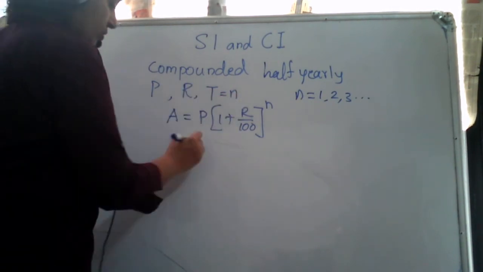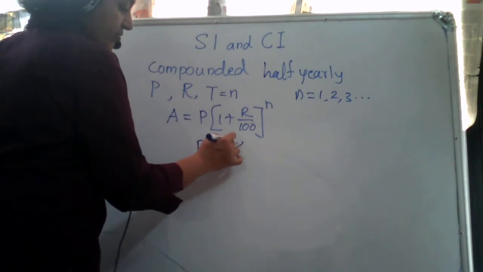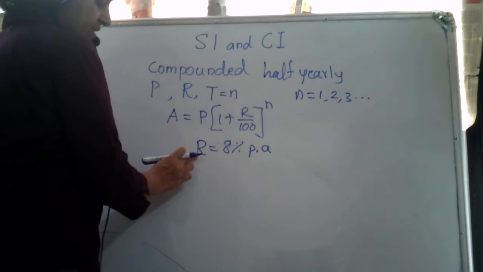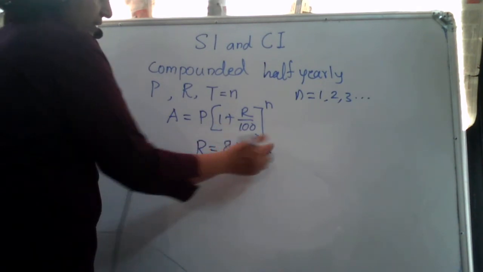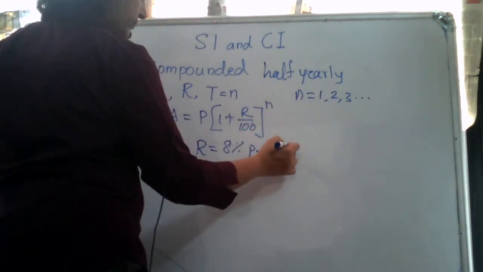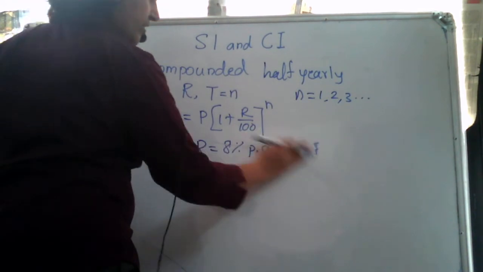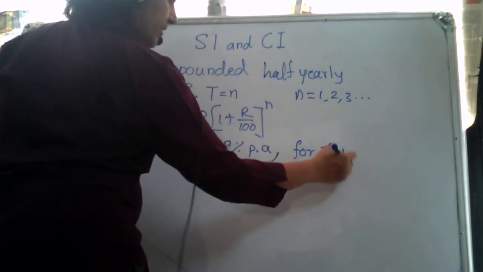Now suppose R is given as 8% per annum. This is very important, students. Per annum means it is the yearly rate of interest. Let's take n is equal to 1 only, that is the number of years, 1 year.